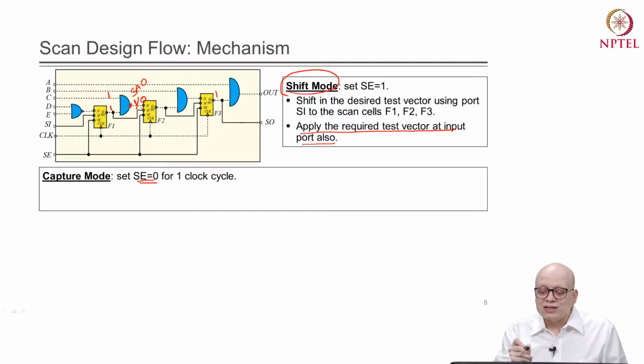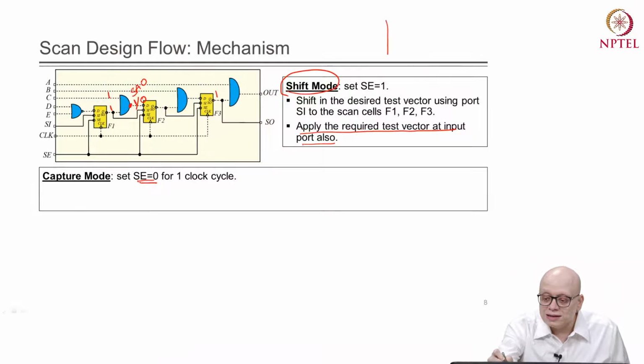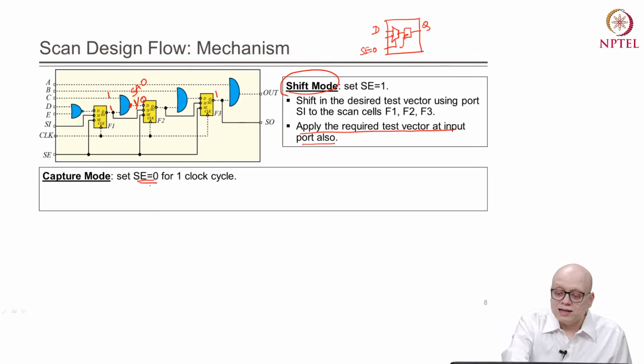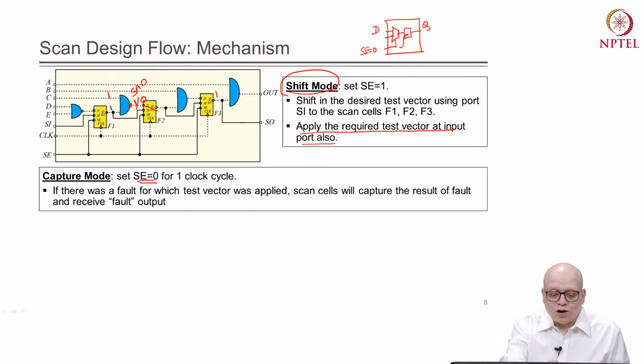Now, for one clock cycle, when we make scan enable equal to 0, remember that we had a multiplexer in the scan cell. If scan enable was equal to 0, then whatever was at D was captured by the flip flop, and that appeared at Q. So, when scan enable is equal to 0, the D value, that is 0, will be read and that will appear at Q. If there was a fault for which the test vector was applied, the scan cell will now capture the result of the fault and receive the faulted output.